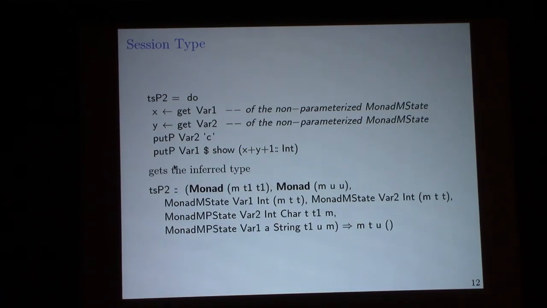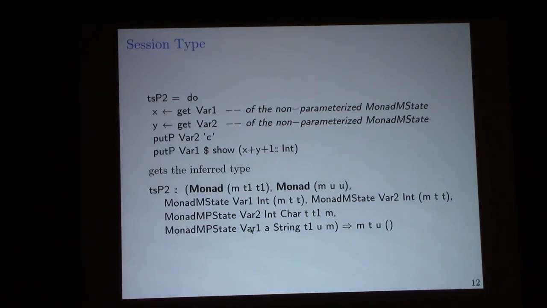If you look at the inferred type, it says that it started with some state t, and in that state t, variable 1 was associated with an integer. As you can see, we use the previous, not extensible, non-parameterized monad state. And in that state t, variable 2 was associated with an integer. Then variable 2 changed from integer to character, and the type advanced from t to t1.